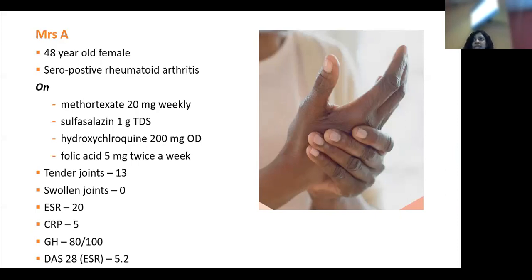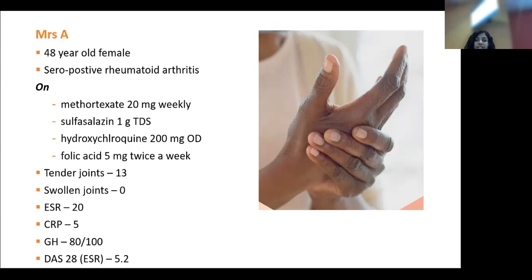No problems with the medication. But she's had this ongoing pain as well. So this time in clinic, she's complaining of pain. You check her joints, about 13 joints are tender, but none of them seem particularly swollen or inflamed.